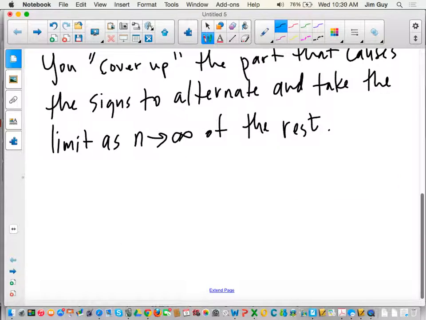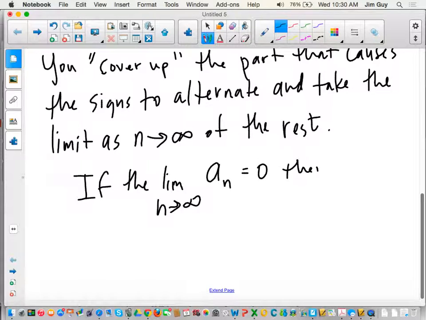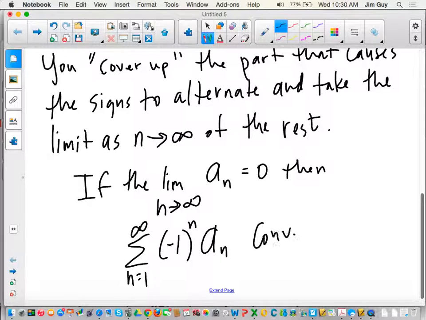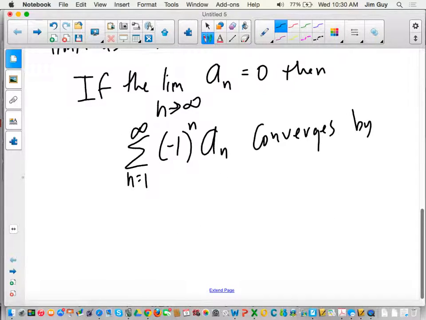So, just to write this down, if the limit as n approaches infinity of the formula part, so we covered up the alternating part, if that equals 0, then the alternating series, so (-1)^n times whatever that formula is, converges by the alternating series test.